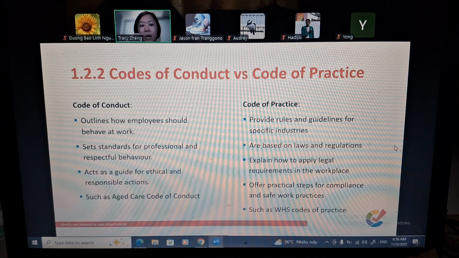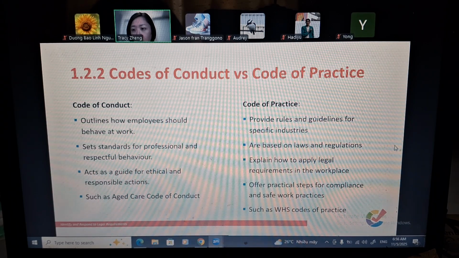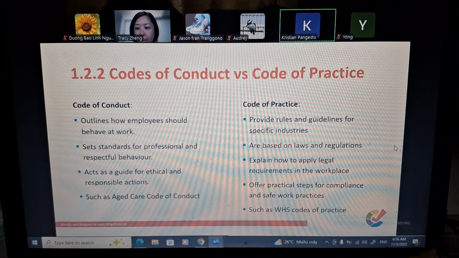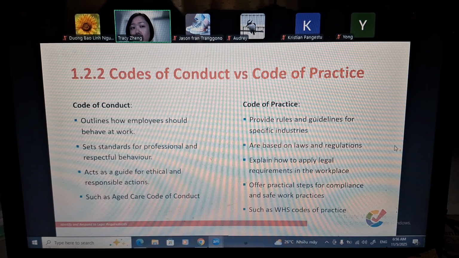For example, I listed at the bottom the WHS code of practice. Does everyone remember what WHS stands for? Anyone? Work health and safety. Correct. As you may know, work health and safety is a legislation.